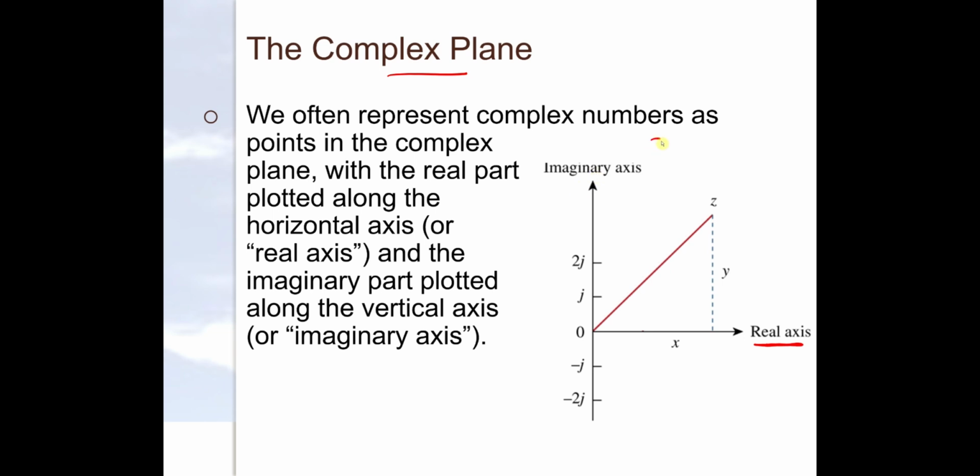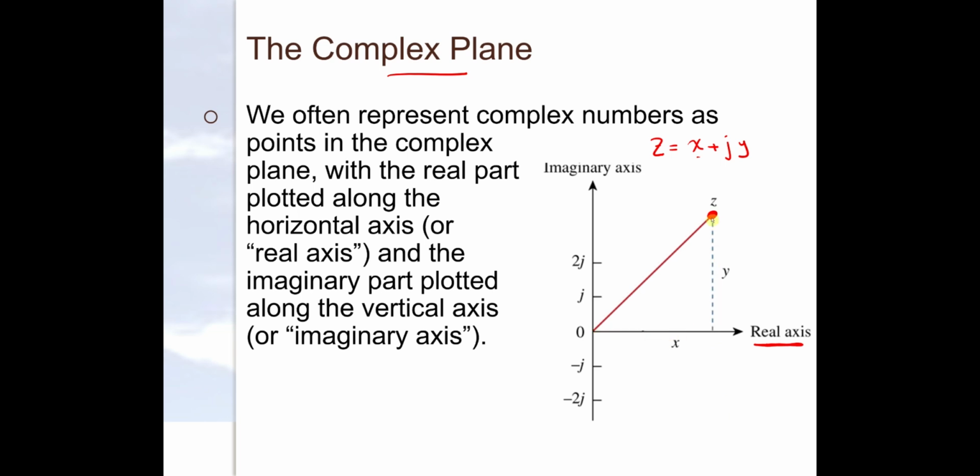So if I have a number z equal to x plus jy, we have x units on the real part, and then y units on the imaginary part. This would be the location of that complex number in the complex space.